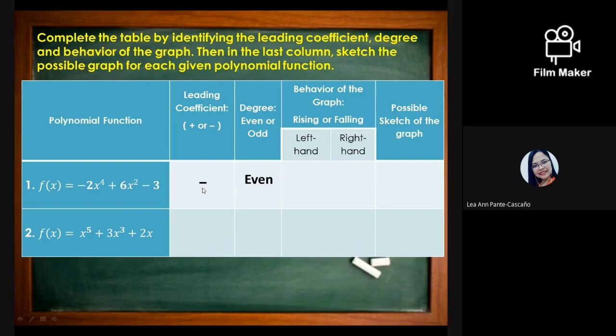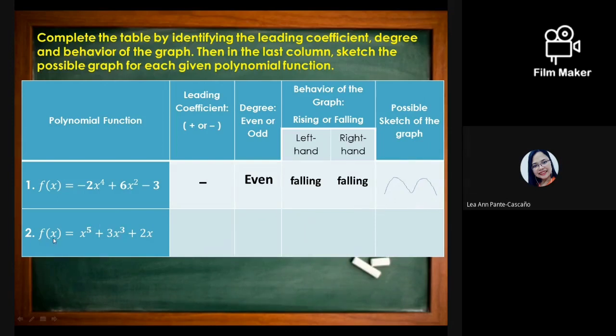Since this is negative, pareho dapat na pababa. Kung ito po ay positive, parehong pataas yung end ng ating mga graph. So therefore, sa left side is falling. Sa right side is also falling. So therefore, this is the sketch of our graph.